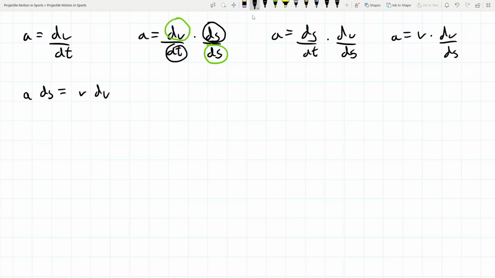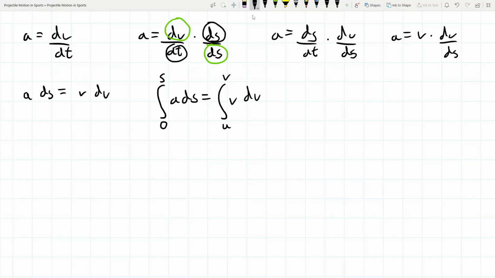So v and the dv, that's going to work because we're integrating with respect to v, and a is a constant, so we can integrate that too. So we're ready to go. Say the integral from the initial displacement of 0 to the final displacement, some displacement s, of a ds equals the integral from initial velocity u to final velocity v of v dv.